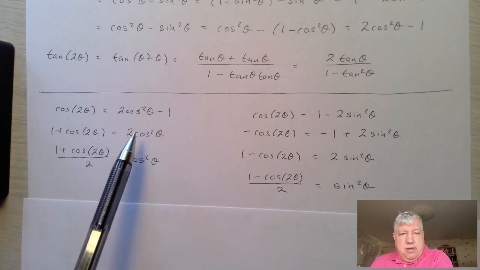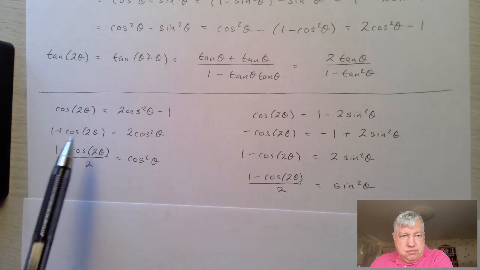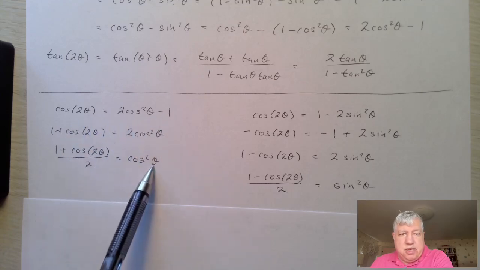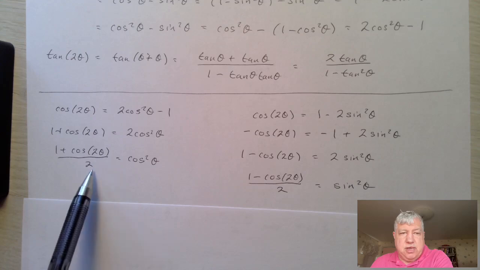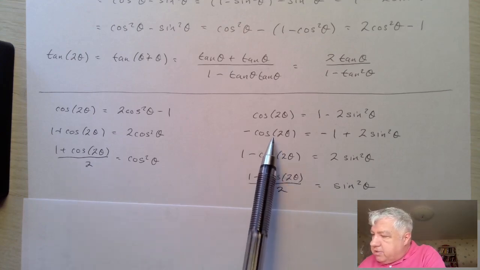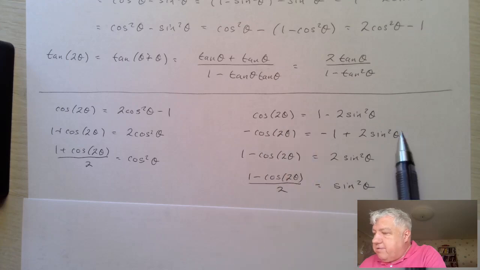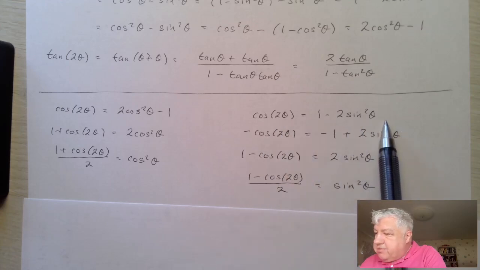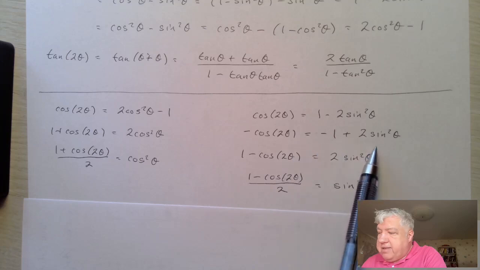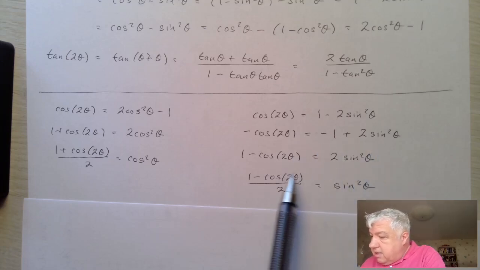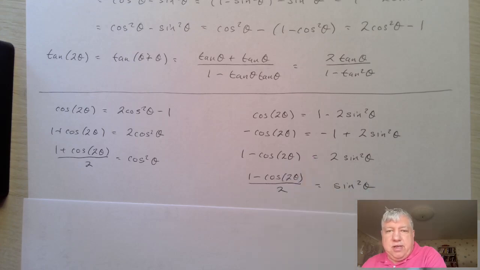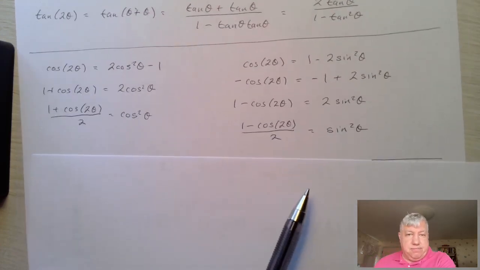Then we do a little bit of algebra: we add 1 to both sides, divide by 2, and we get cosine squared of theta is 1 plus cosine of 2 theta over 2. Similarly, we also know that cosine of 2 theta is 1 minus 2 sine squared theta. We can multiply everything by negative 1, add 1 to both sides, divide by 2, and that's how we get this formula right here.